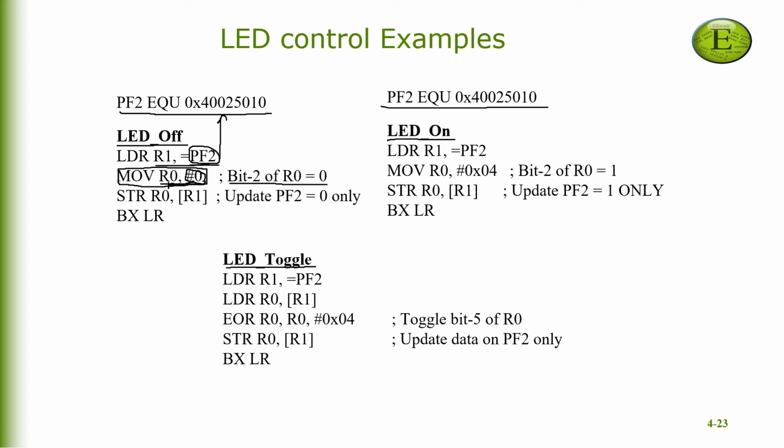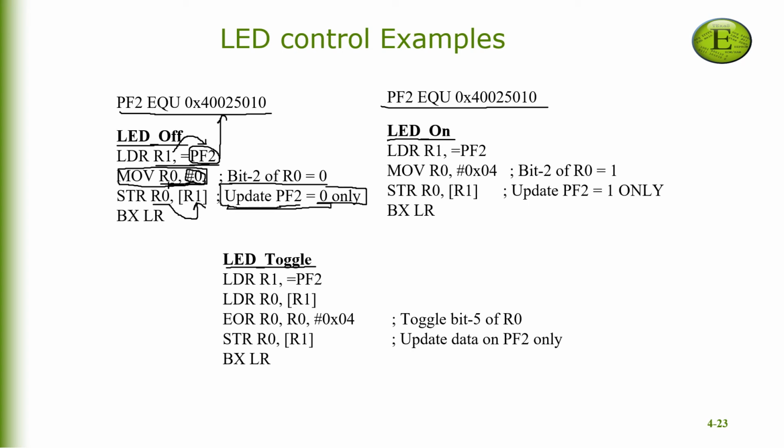Then we store this value to the memory location pointed to by register R1. R1 is pointing to port F pin number 2. So when this command is executed, it only updates pin number 2 of port F. So only PF2 will be equal to 0. This "only" is very important here.